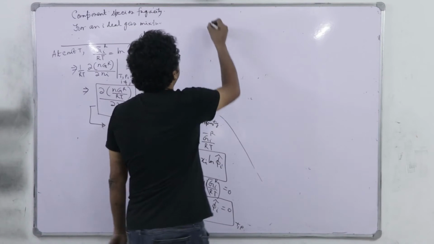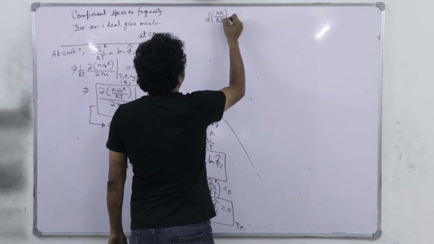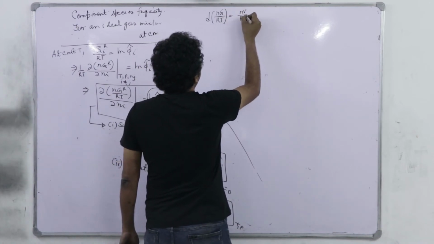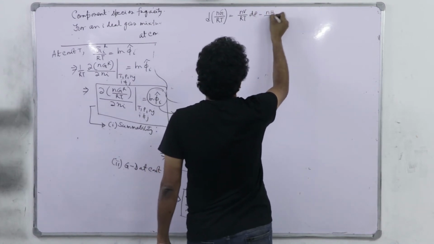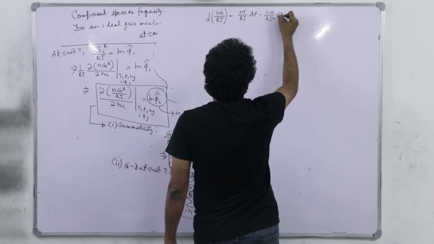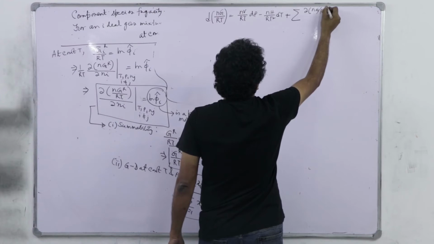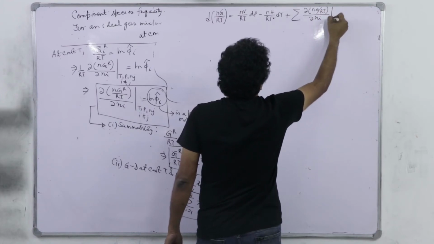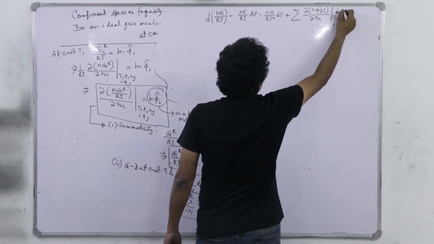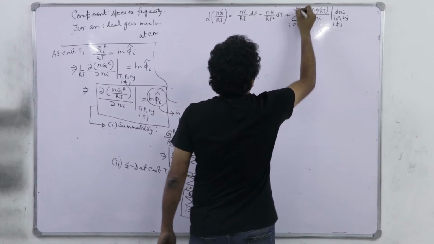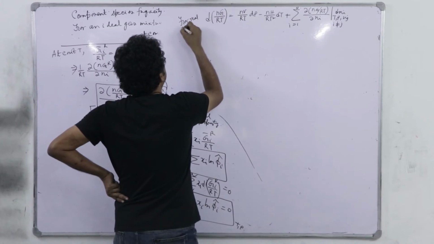You see, we have already established that d of nG by RT equals nV by RT dP minus nH by RT squared dT plus summation of del of nG by RT, del ni at T, P, nj (j not equal to i), dni, i equal to 1 to n, for a real gas mixture.